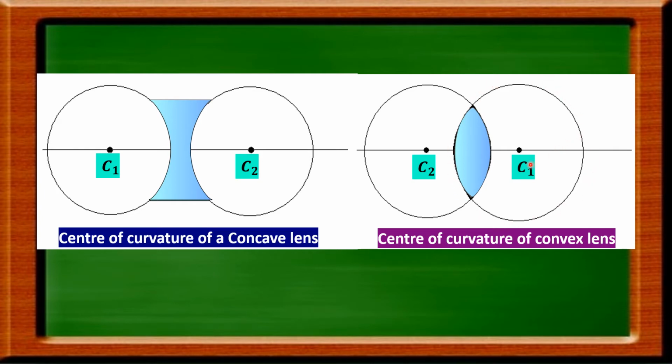That's why its center is called C1. Similarly, the second curved surface is a part of this sphere, hence C2 is also its center of curvature. So the lens has two centers of curvature. Okay, C1 and C2. Clear?